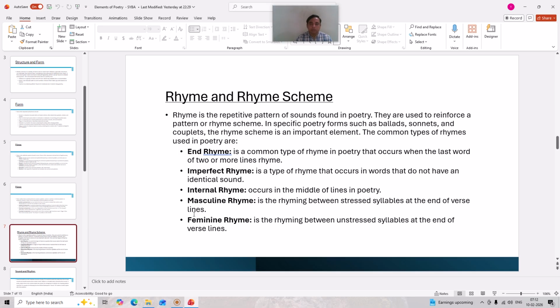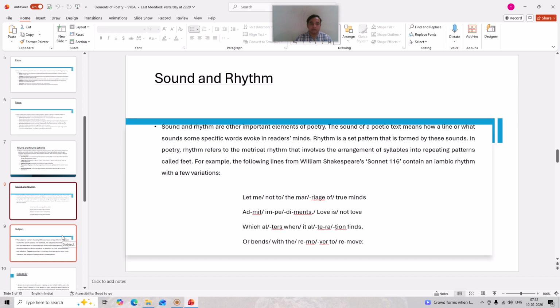The rhyme scheme indicates whether the poem creates a happy, serious or sad mood, or makes the readers contemplate.